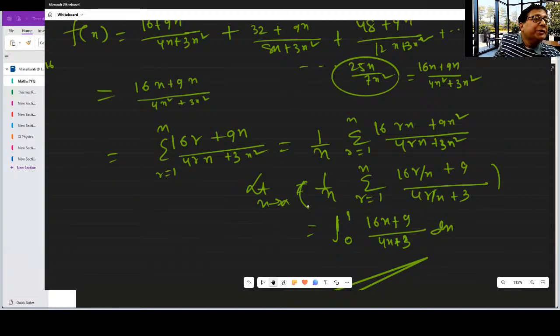Hope all of you will be able to do it. So whenever definite integration limit form is there, you try to use this concept. Clear?